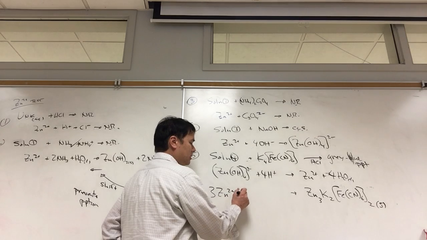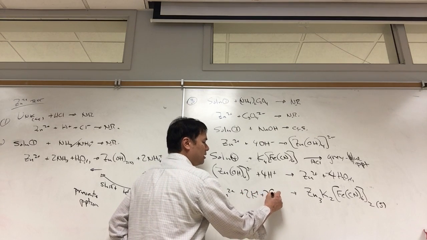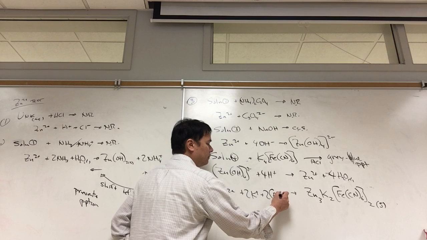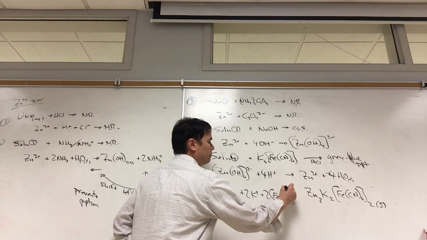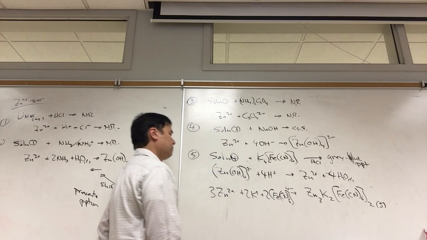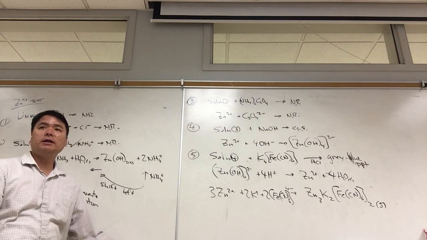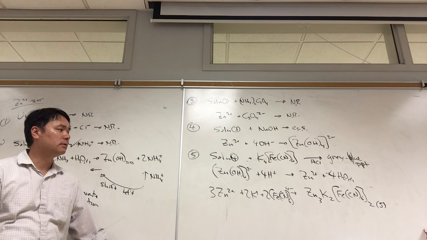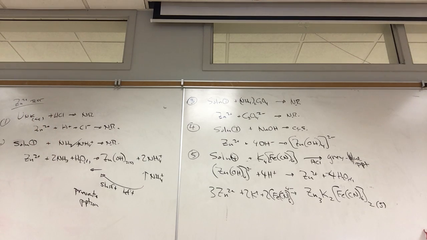We have 3 zincs plus 2 potassium ions plus 2 hexacyanoferrate(II) ions, which gives us that precipitate. This is an ion combination reaction, or metathesis. So if we get that gray-blue precipitate, then we have a positive test for Zn2+.